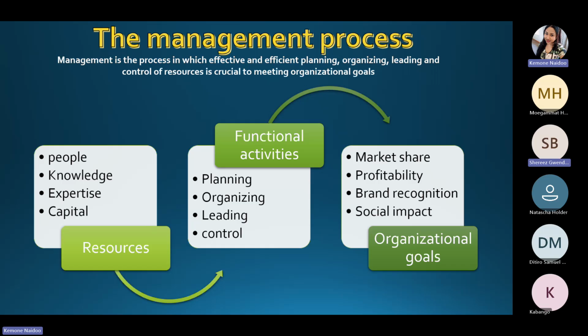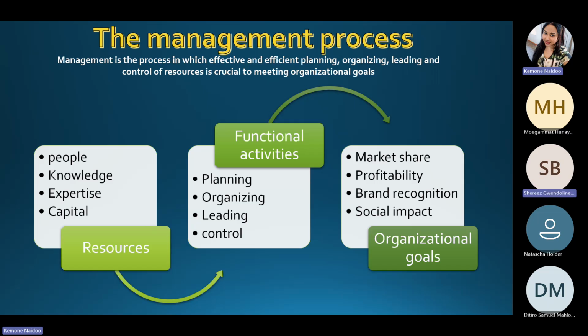So that means our profitability. Okay, that's a big one. And then brand recognition, our social impact as well, and also the overall market share. The whole purpose of our management process is to get us to those end goals that we're trying to accomplish.